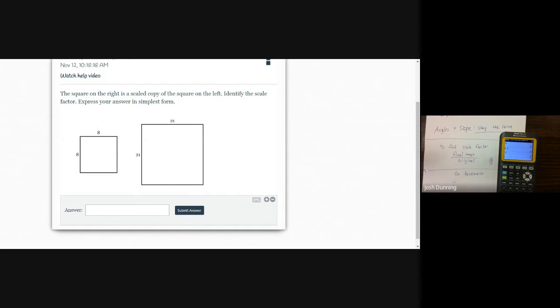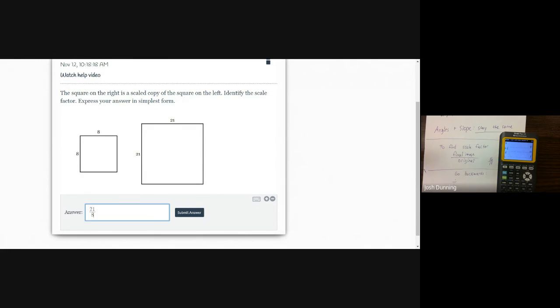Identify the scale factor. Like I said on the notes, it's the final over the original. So pick one. 21. There. That would go with the 8 that's on top. Doesn't matter anyway, it's a square. So just 21/8. Reduce that down if you can. You can't, so you just type 21/8.